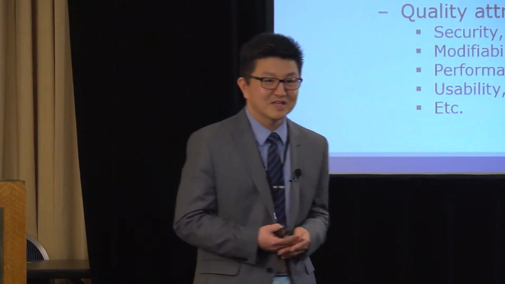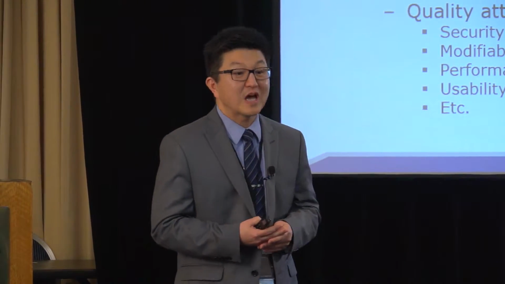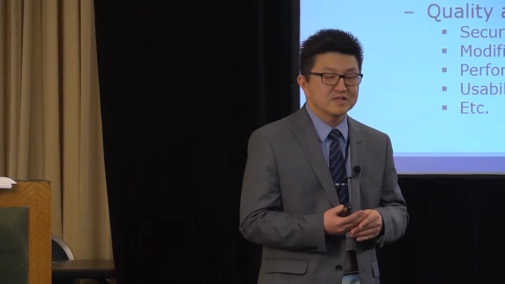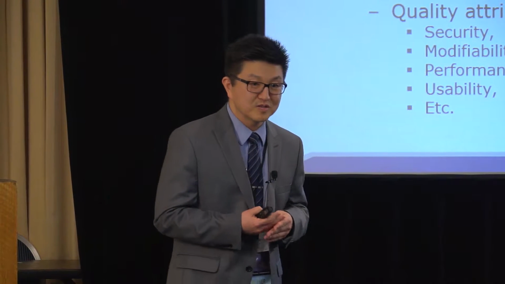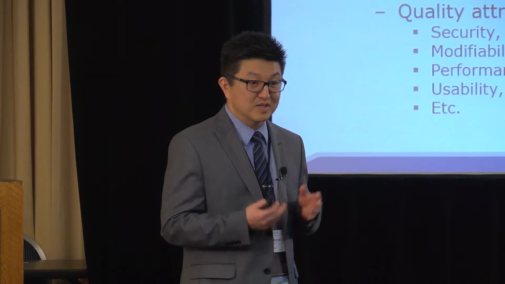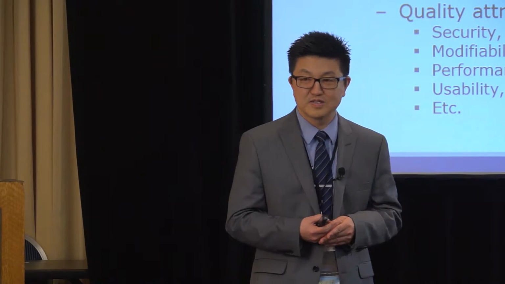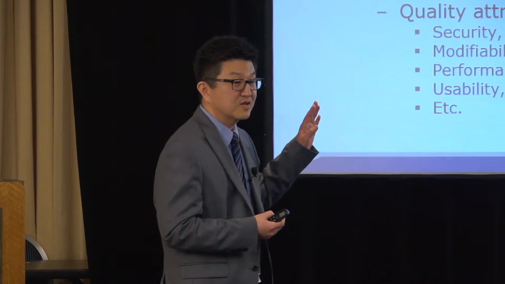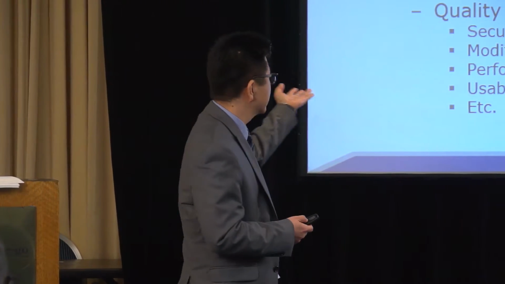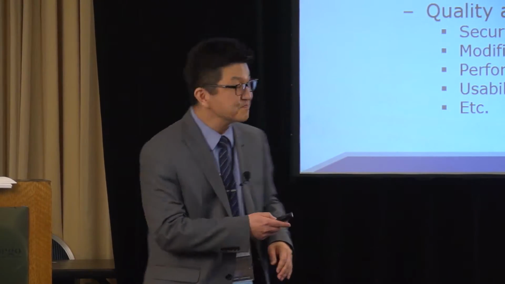So architectural analysis is really the focus of this AAFS method, and architectural analysis, as you know, is really a structured way of discovering either the absence or presence of these critical design decisions in software architectures, especially in terms of quality attributes, such as, of course, security, maintainability, and so on.